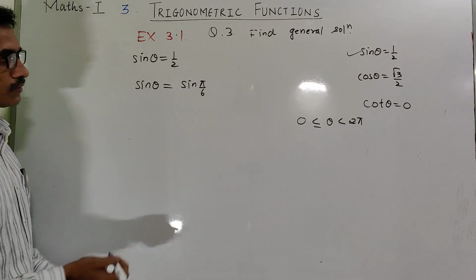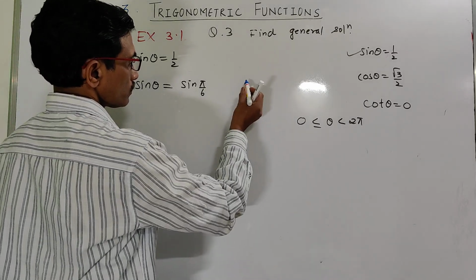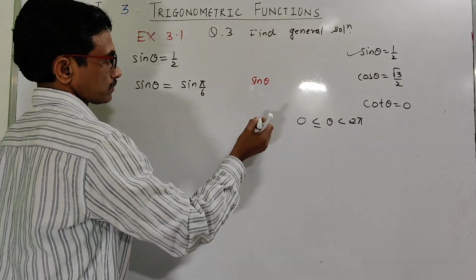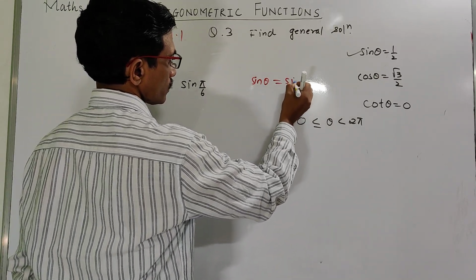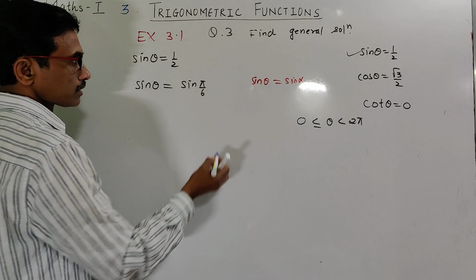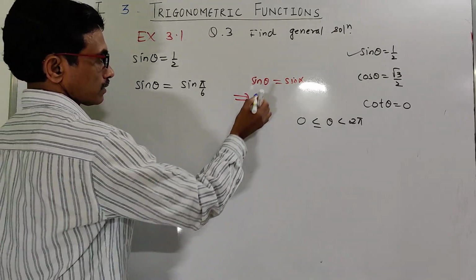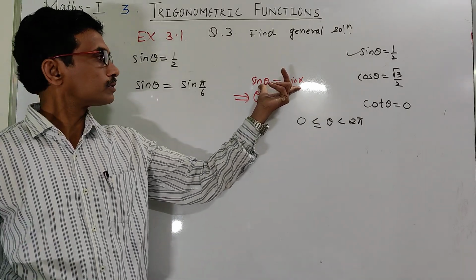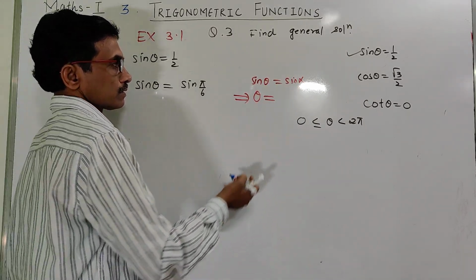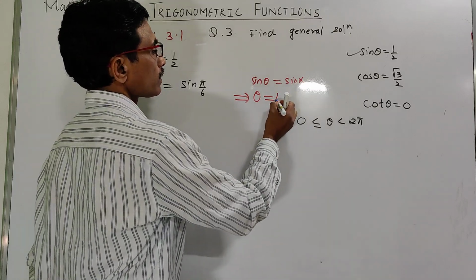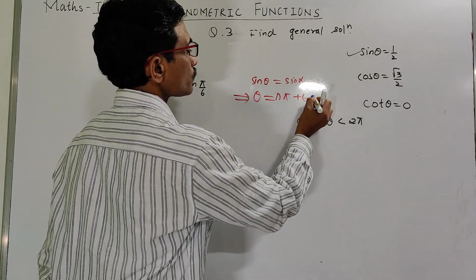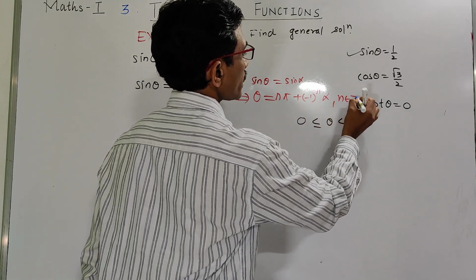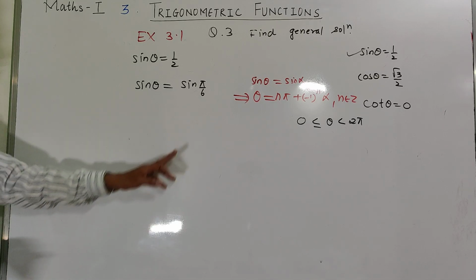Now compare this with sine theta is equal to sine alpha. You know the general solution for this equation: sine theta is equal to sine alpha implies theta is equal to n pi plus minus 1 raised to power n into alpha, where n belongs to Z. So we apply this.